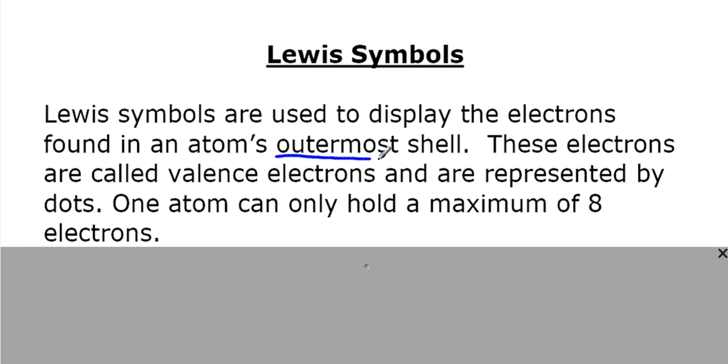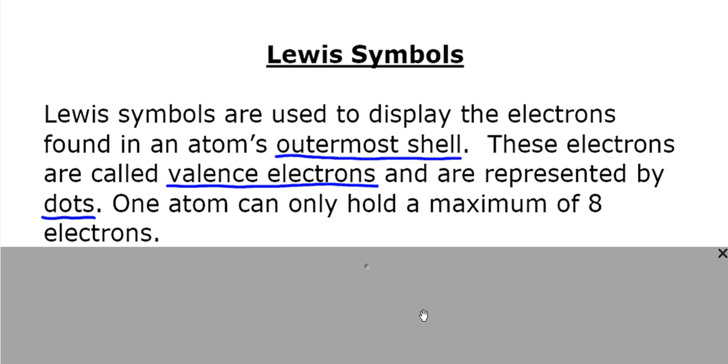They're representing the outermost shell, and you might have heard them being called valence electrons before. So they are the ones that are the furthest away from the nucleus, and how we're going to represent them in our diagrams, we're going to draw dots.